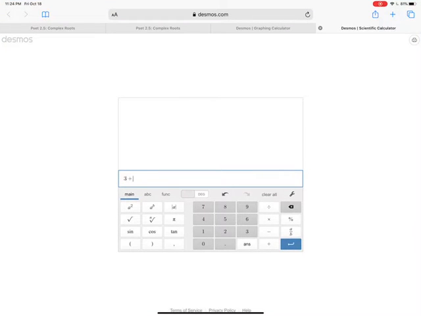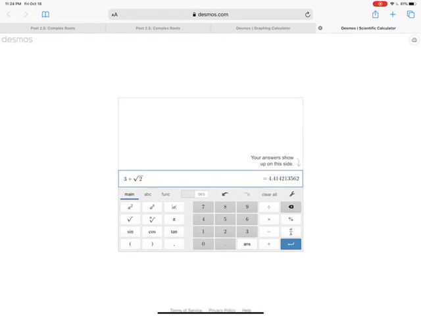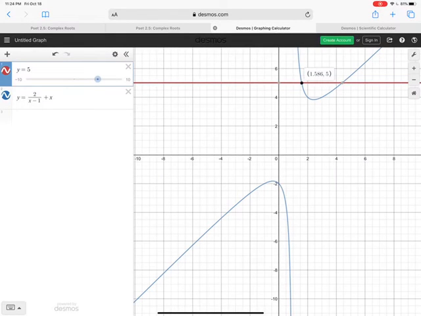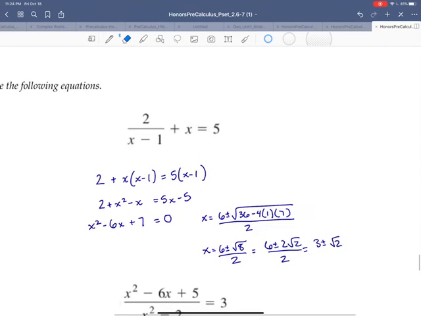So if I say 3 plus square root 2, I get this number, 4.414, and then if I do 3 minus root 2, I get 1.586, which is that number. So I see that both of these are solutions.